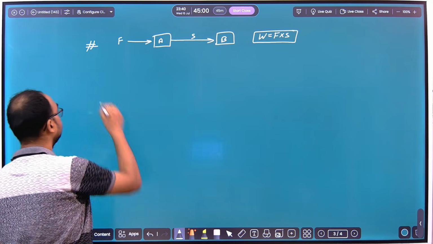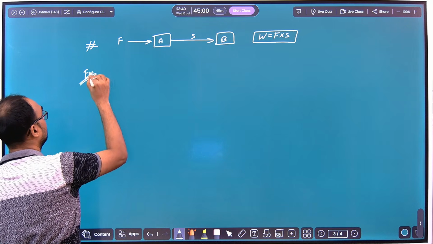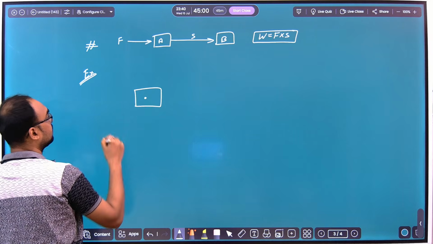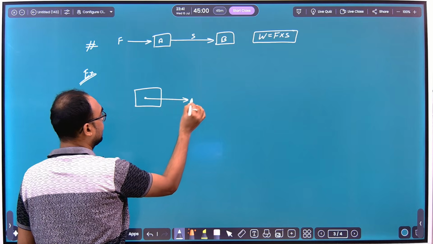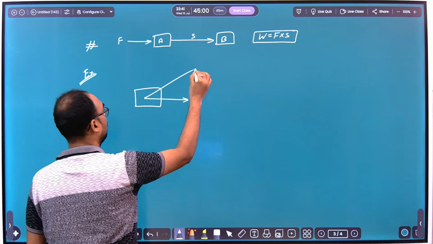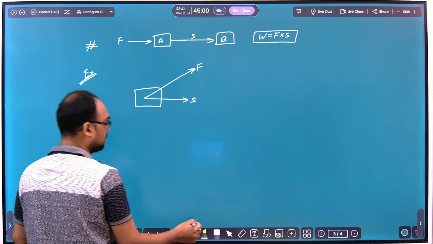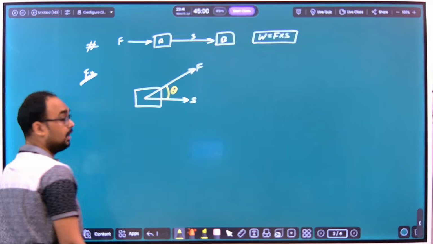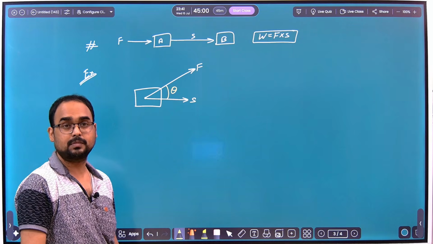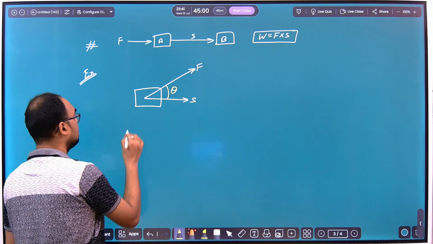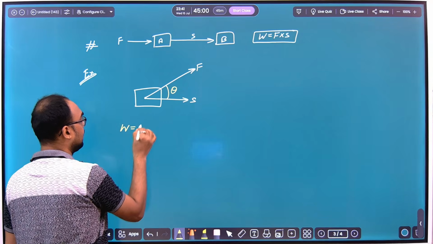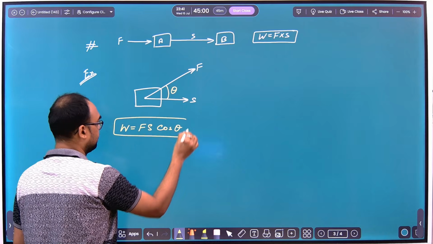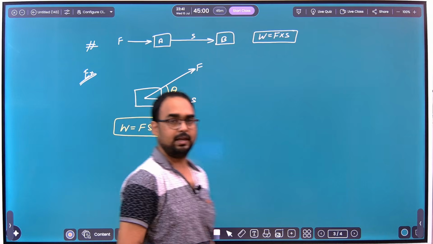For example, let's say our body is like this. The displacement is taking place in this direction, whereas the force is given in a certain direction. The angle between both of them is, let's say, theta. In this case, the work done formula becomes Fs cos theta.